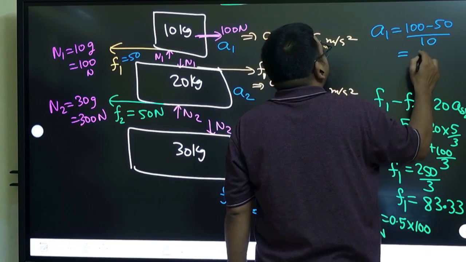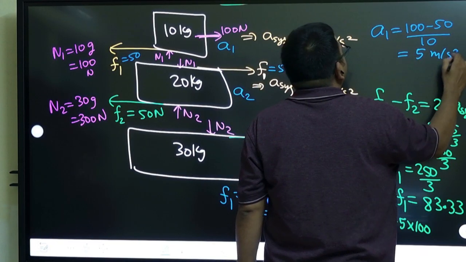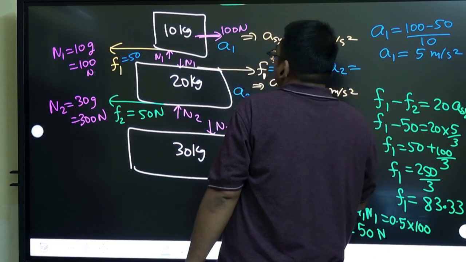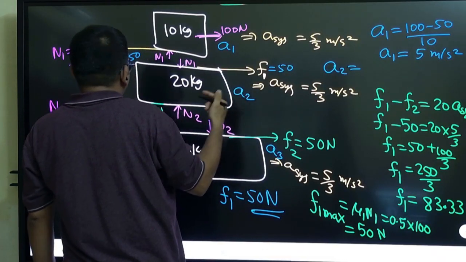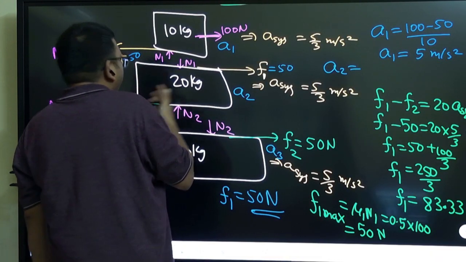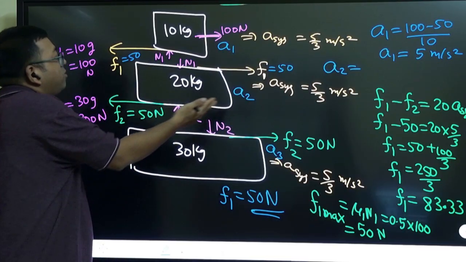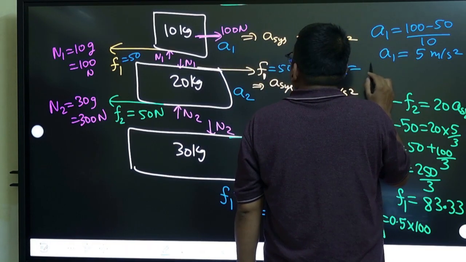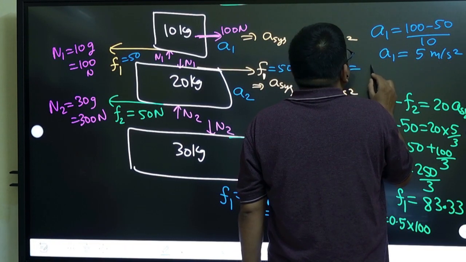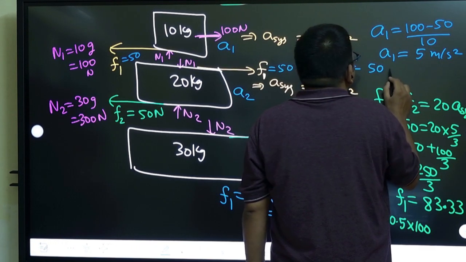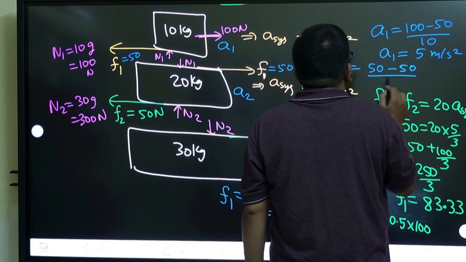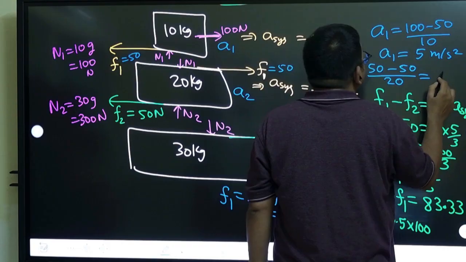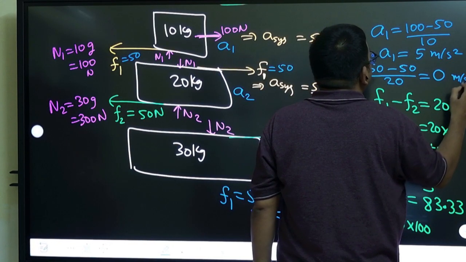That means 50/10 is 5 meter per second square. That is the acceleration of the upper block. Similarly, the acceleration of the second block will be F1 minus F2. This is coming 0, right? F1 minus F2 is coming 0, so this is not moving. So 50 minus 50 divided by mass, which is 20, has come as 0 meter per second square.